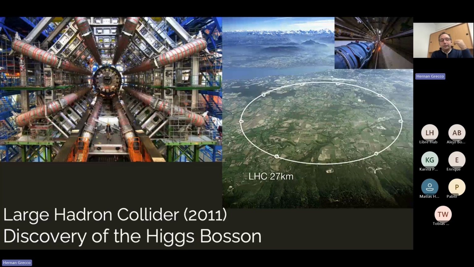A hundred years into the future, the discovery of the Higgs boson in 2011 required the Large Hadron Collider, a 27-kilometer underground ring in which thousands of scientists and engineers with cutting-edge technology are able to smash particles into one another and discover the mysteries of matter.